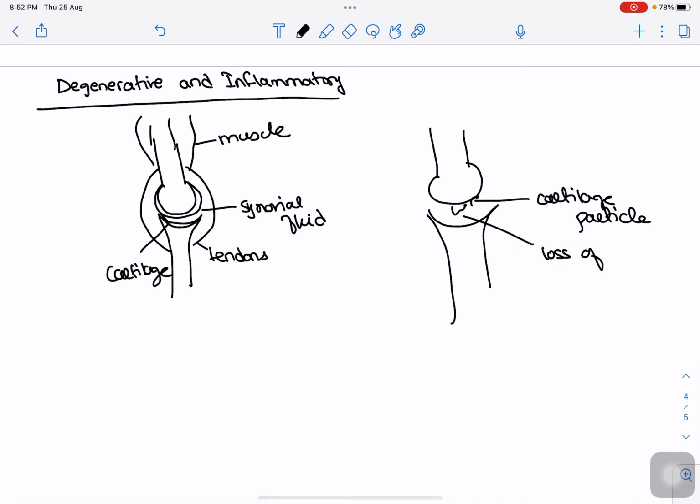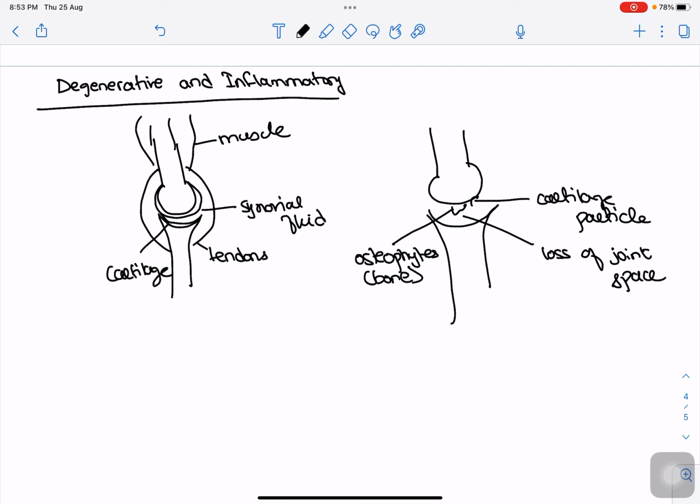Along with that there is an osteophyte, and the formation of an osteophyte is an overgrown bone, which would reduce the space in between.